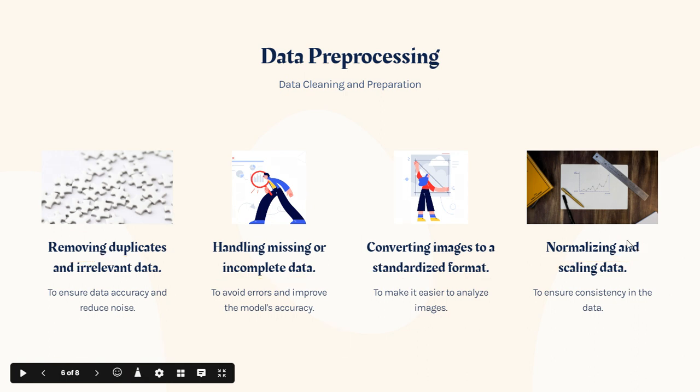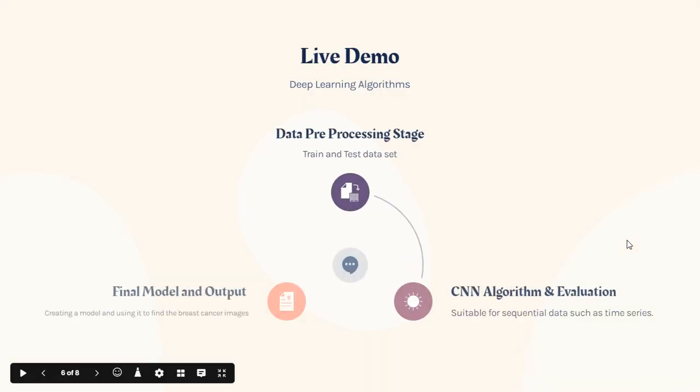Next, we will see the live demo of deep learning algorithms. Here, we will see these three stages. One is the data pre-processing stage. Next one is the CNN algorithm and evaluation. And next is the final model and output.